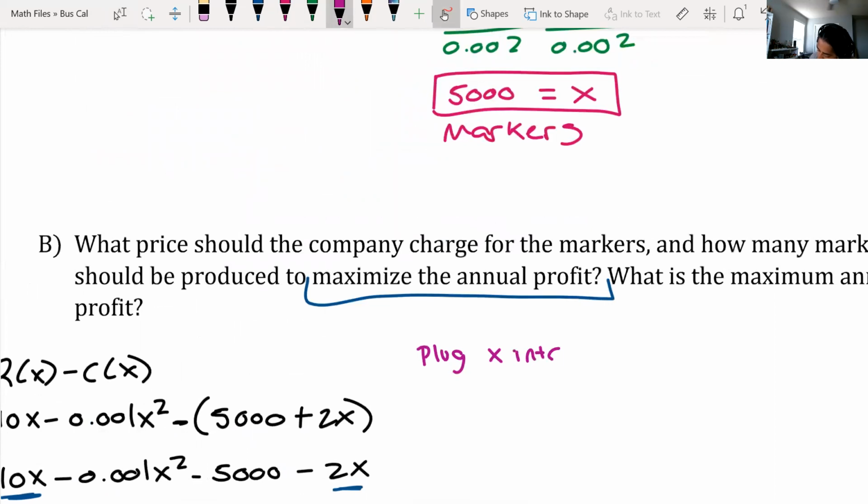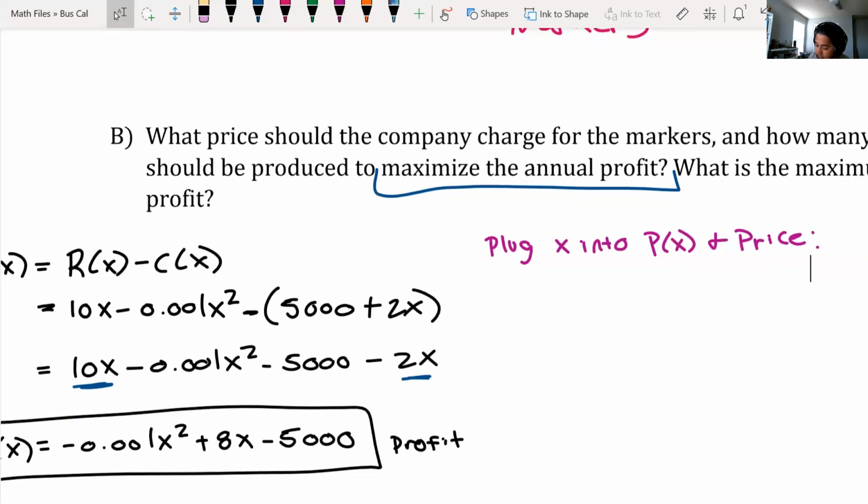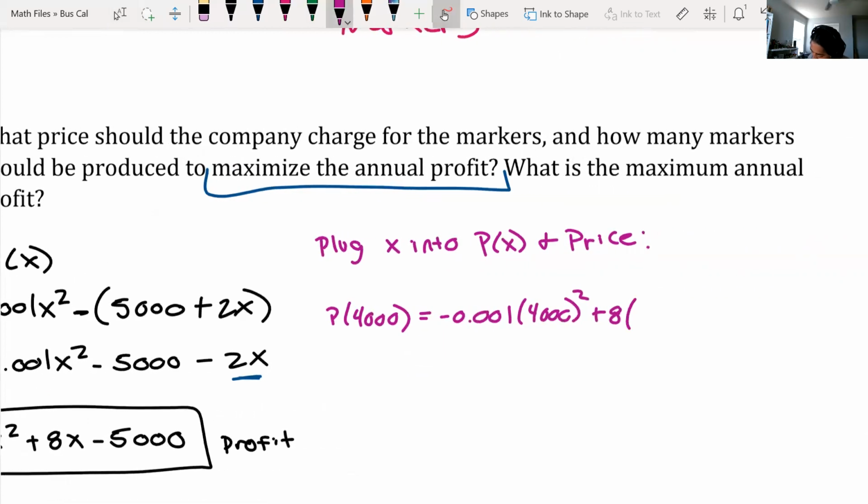Plug x into P of x, and P, I'll say price, so we don't get those confused. Okay, so first up, let's plug it into that profit function. It's going to be P of 4,000 equals negative 0.001 times 4,000 squared plus 8 times 4,000 minus 5,000.